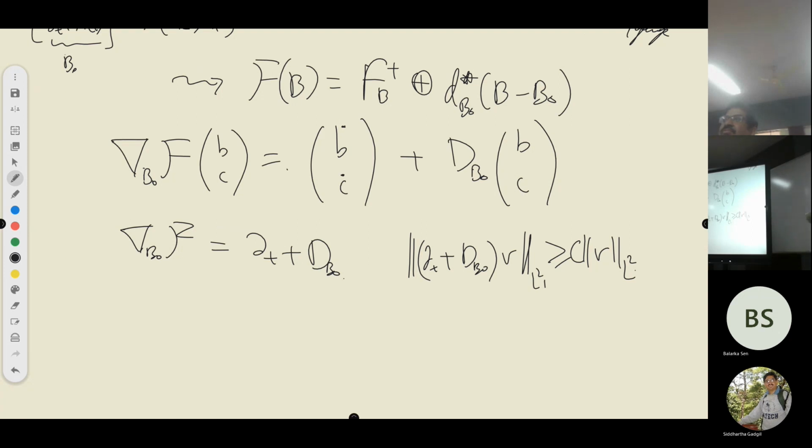What is capital D B naught? It's that operator that I wrote out, that matrix, when discussing the Hessian. That seems wrong. You're already differentiating on the left, right? Shouldn't it be the other way around? The L2 norm of that is controlled by. Yes, you're right.